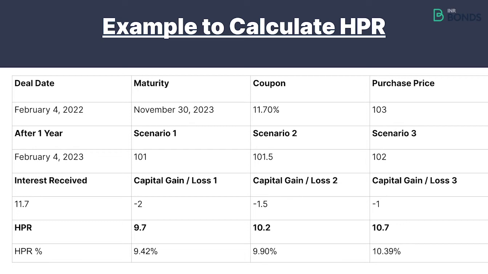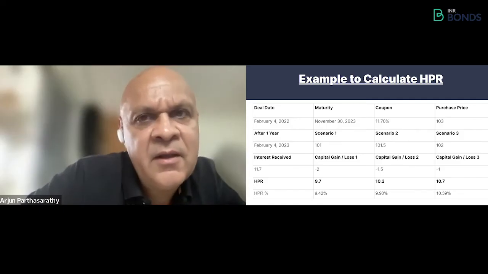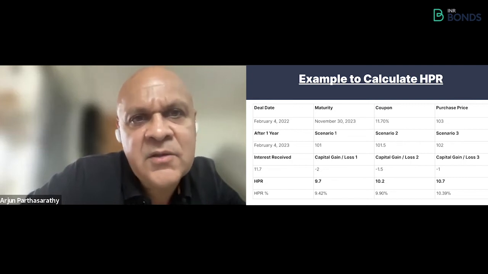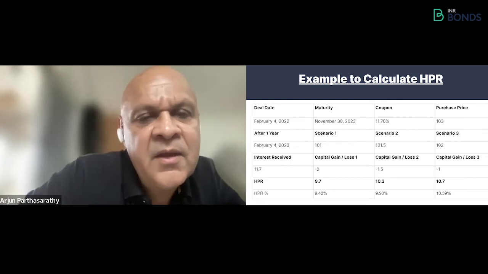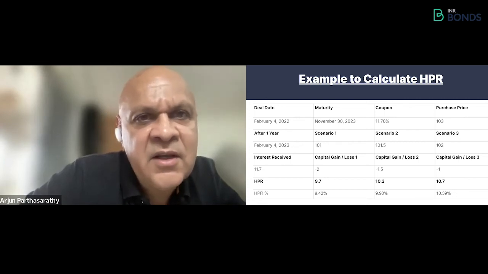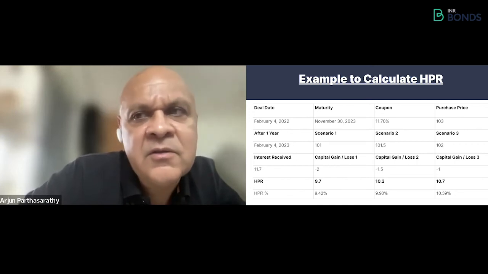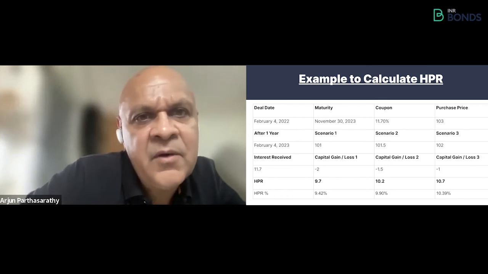With a purchase price of 103 and a sale price of 101, the capital loss is 2 rupees. So the investor takes the interest received, 11.7 rupees, deducts the capital loss of 2 rupees, and after 1 year the holding period return is 9.7%.